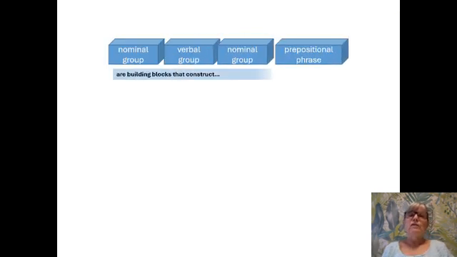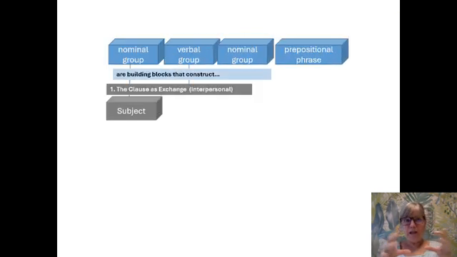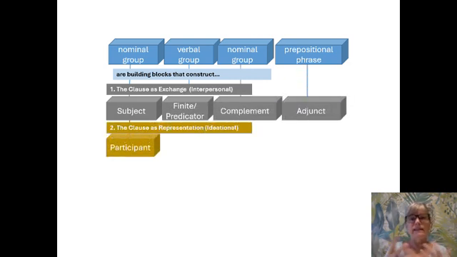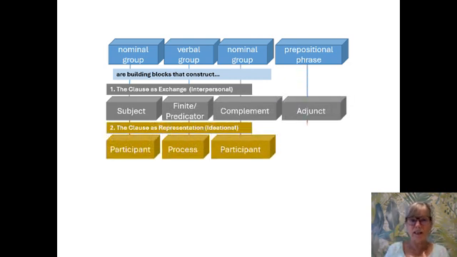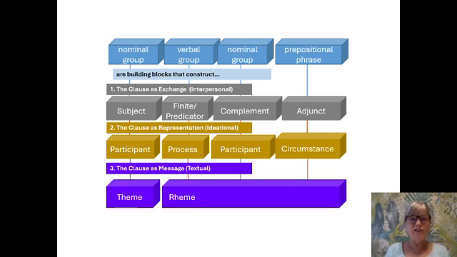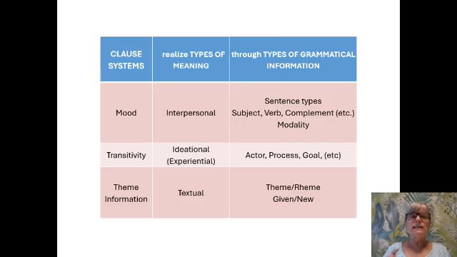So, we take these blocks, nominal groups, verbal groups, prepositional phrases, and they can construct the clause as exchange, the clause as representation, or the clause as message. And each of these types of grammatical information belong to the different metafunctions of language.